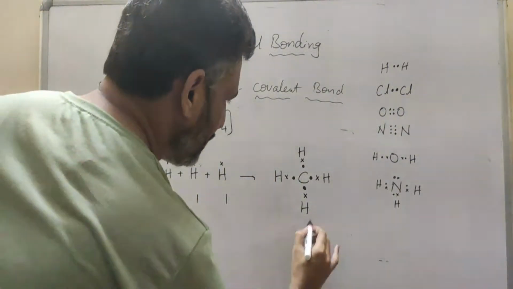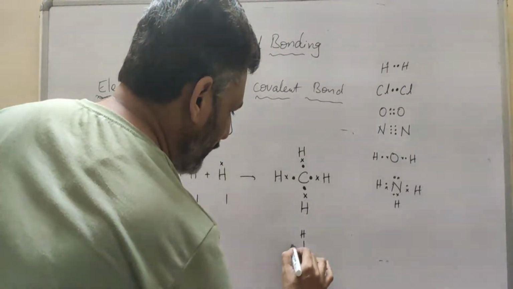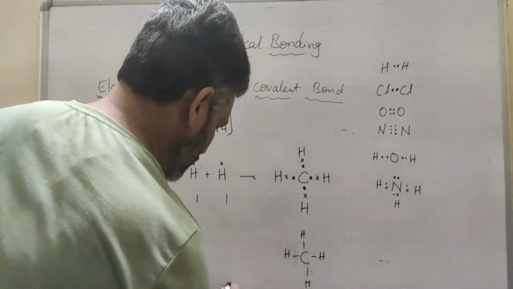So in this case, there are no lone pairs. All are covalent bonds: 4 covalent bonds, but 0 lone pairs.